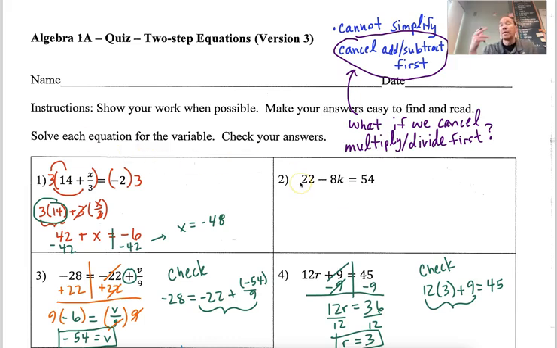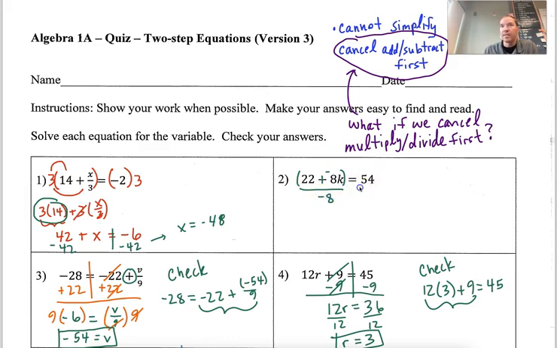Number 2, we already solved, and I don't remember what we got. Was it negative 4? But if you wanted to cancel the multiplication first, you can. Again, I would still chop slash this, but you can divide by negative 8. But here's the thing. You have to divide the entire left side, not just negative 8k.